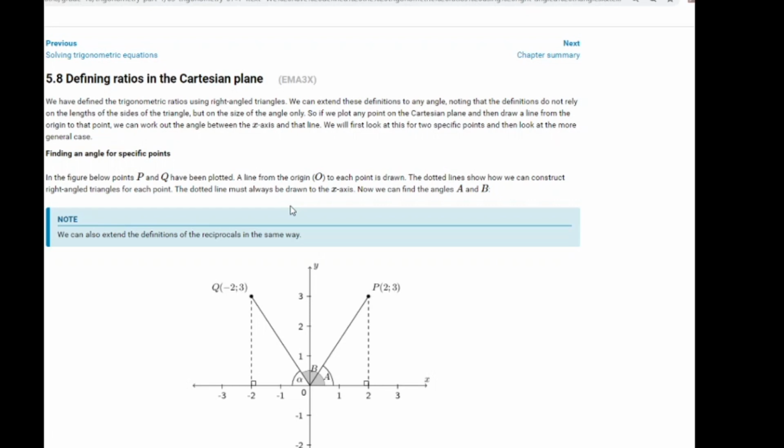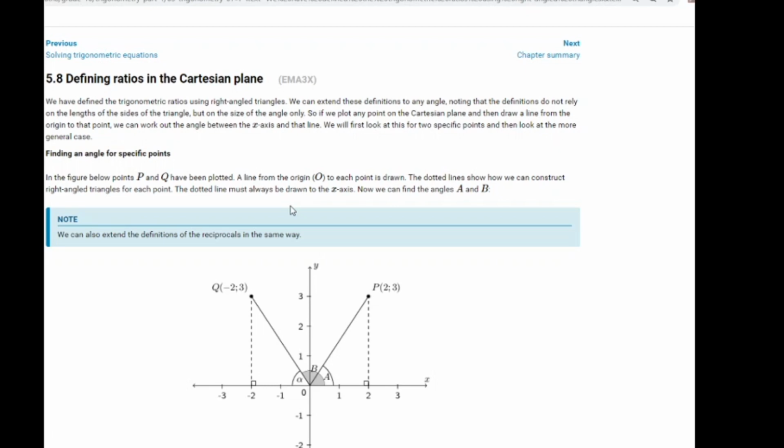Now we want to extend these definitions for any angle, not only defining them in a right-angled triangle. These definitions of the trigonometric ratios don't depend on the length of the sides of the triangles, but only on the angle, right? So we can define the trigonometric ratio if we have an angle.